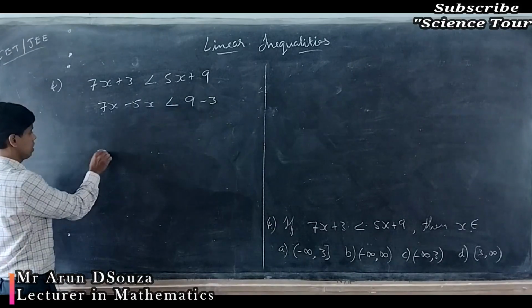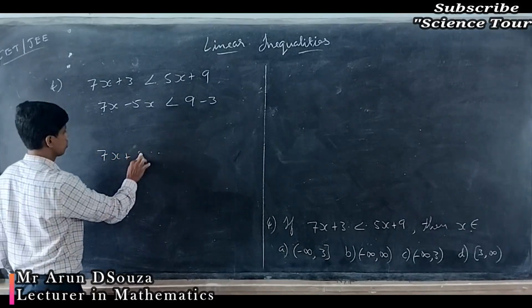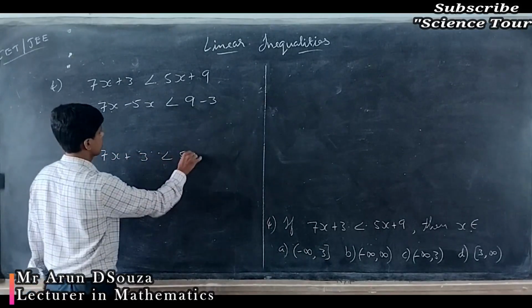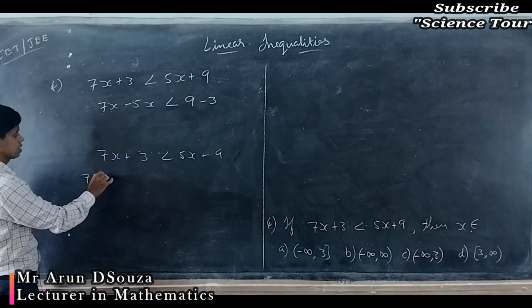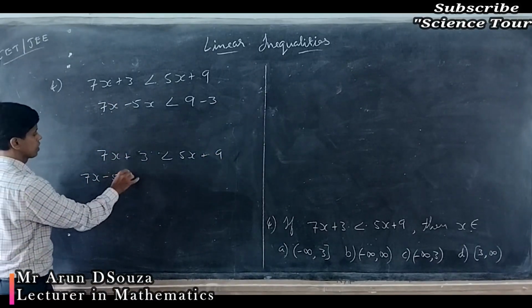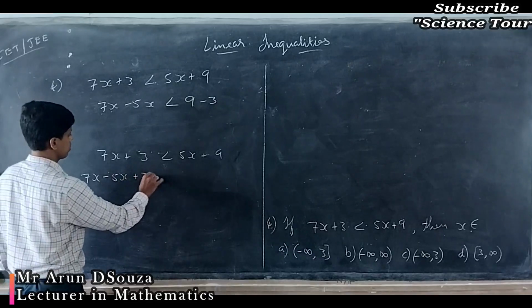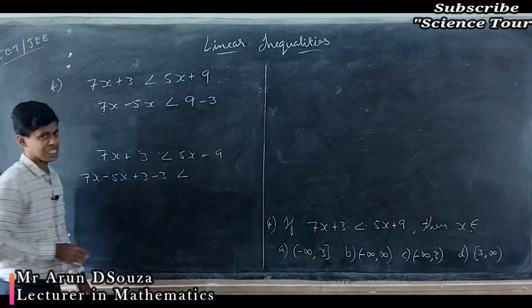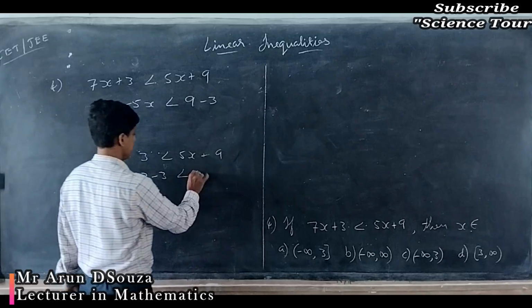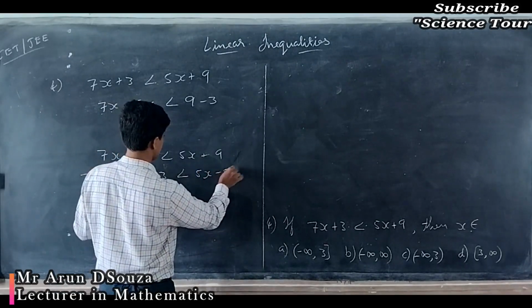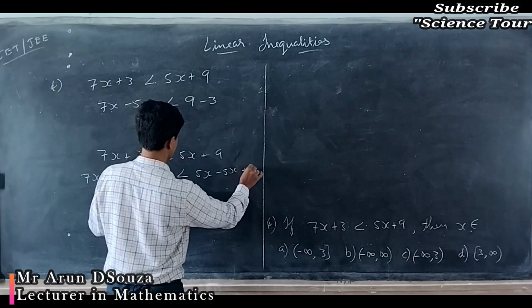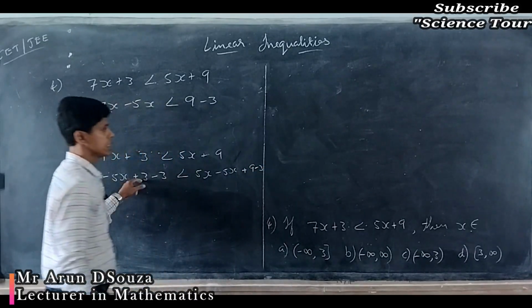Okay, so actually how this should have been done. Okay, so you should subtract 5x, okay, and subtract 3. All right, and here also you have to subtract 5x and then subtract 3.